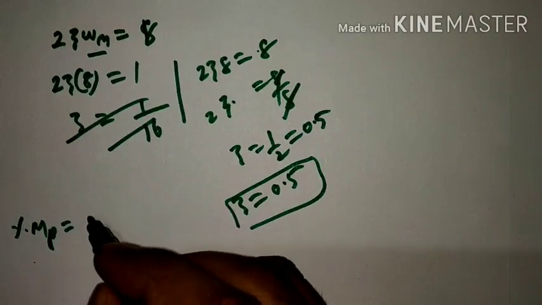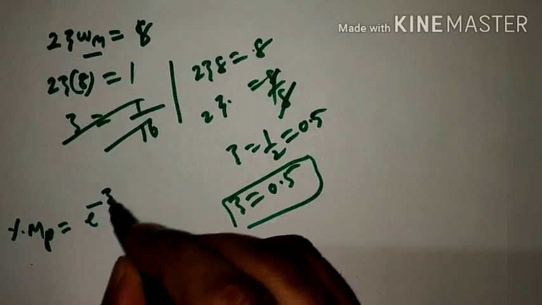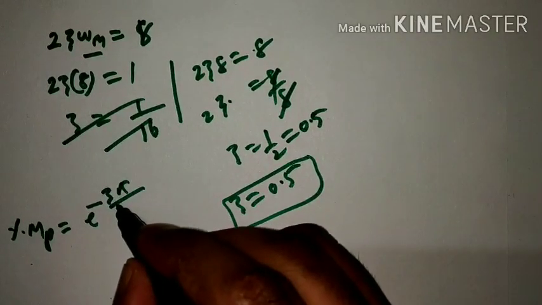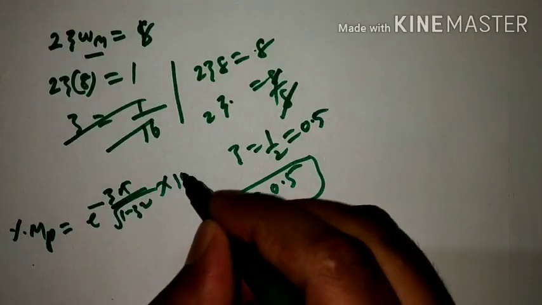The equation for maximum peak overshoot is e raised to minus zeta pi by root 1 minus zeta square, into 100.